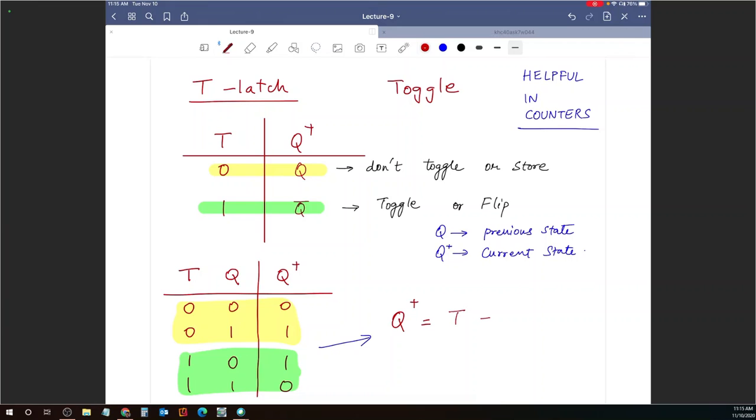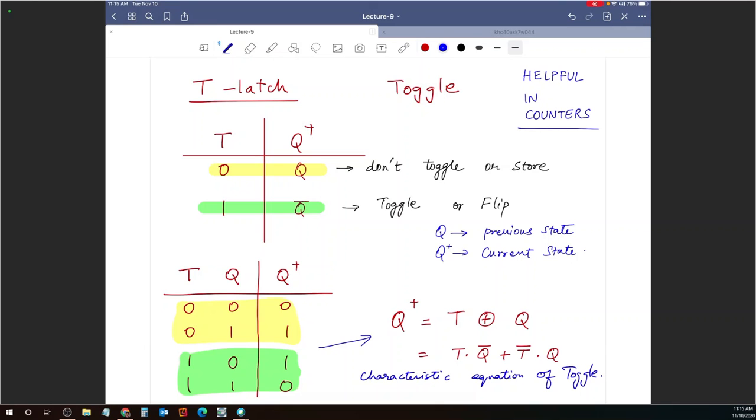T exclusive OR Q. In other words, it is going to be T and Q complement, or T complement and Q. So this is your characteristic equation of the toggle flip-flop or toggle latch.